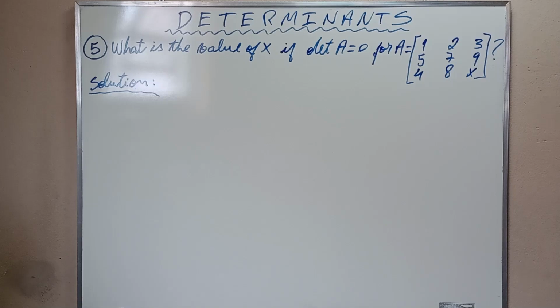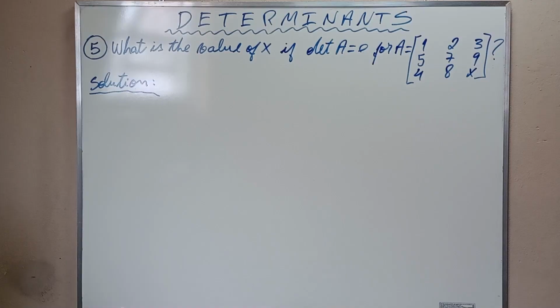If the determinant of A is equal to 0, we can use a property here that's going to facilitate us find the value of x instead of using the rule of Sarrus, for example. We can use the rule of Sarrus, but we may use a property that's going to facilitate our calculation.